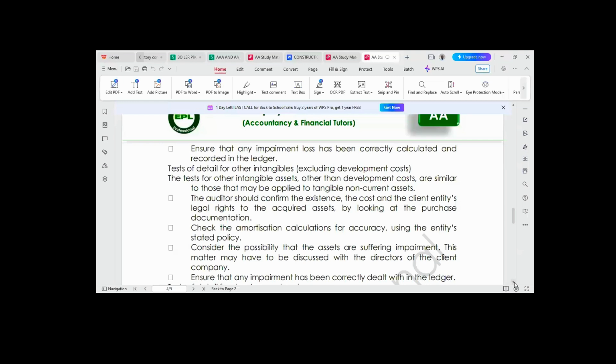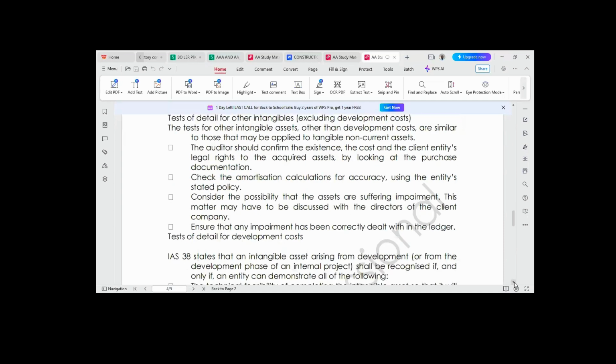The auditor will also consider the possibility that the asset has suffered what? Impairment. Okay? And how these impairments will be treated will need to be discussed with the directors. All right? Then the auditor will also ensure that any impairment has been correctly dealt with in the ledger. The auditor will check that they have been properly accounted for in the ledger.